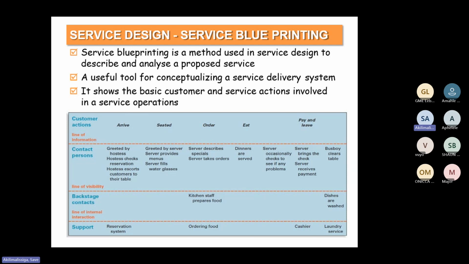So service blueprinting is a method used in service design to describe and analyze a proposed service. Basically, it's a tool, right? Because in chapter 7, it's described as a tool that is used by operations managers to analyze, or to measure, a process of service delivery.